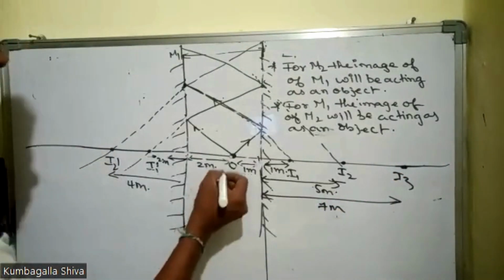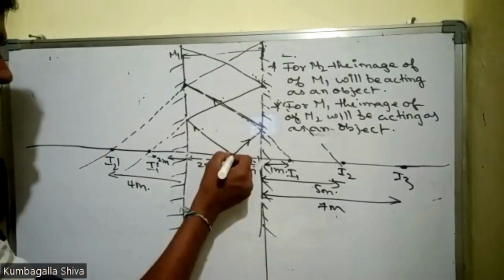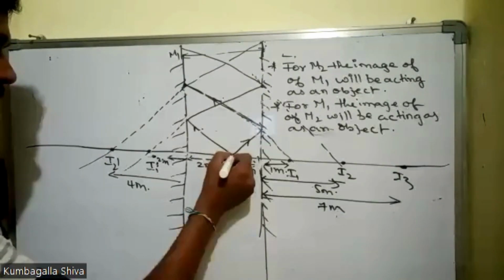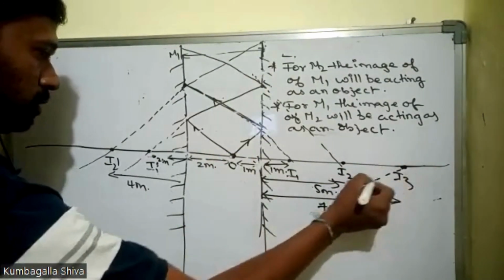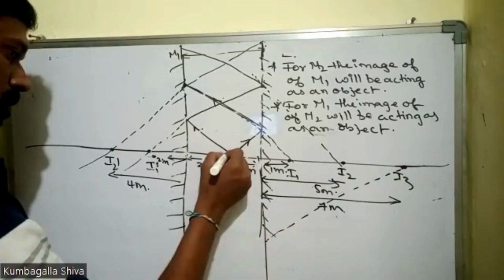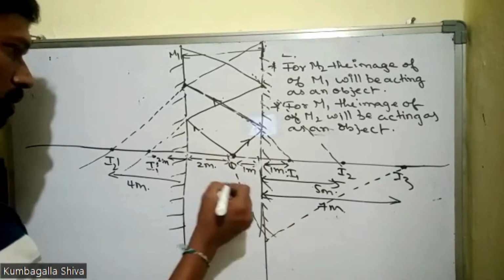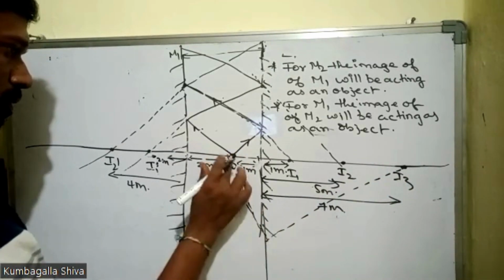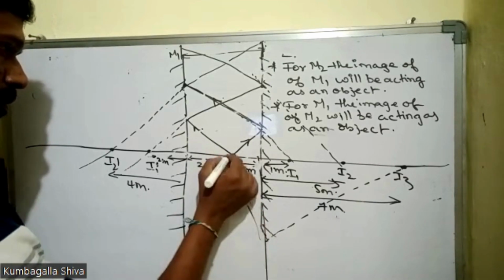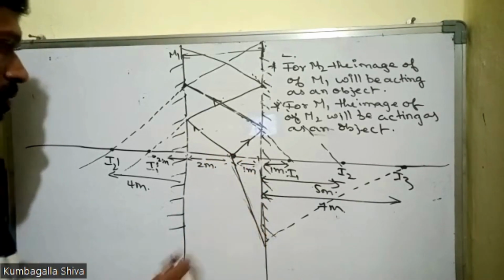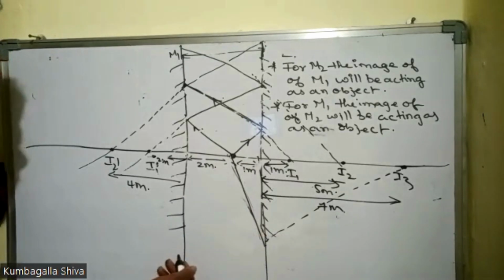Now I can take in the down way also. No problem. So I extend this. Next, the image is formed like this.